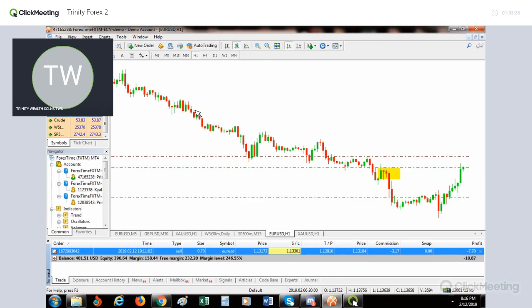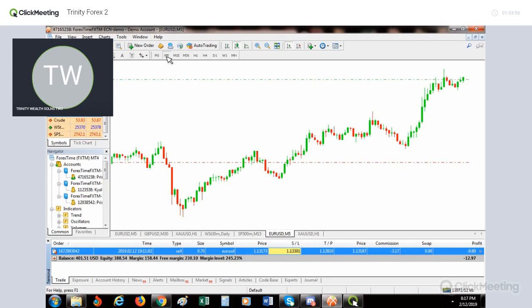But once you're already in profit, you can change your SL to trailing stop, and then it starts to trail. As the market moves, the trailing stop follows it, and it continues locking more profit in for you.